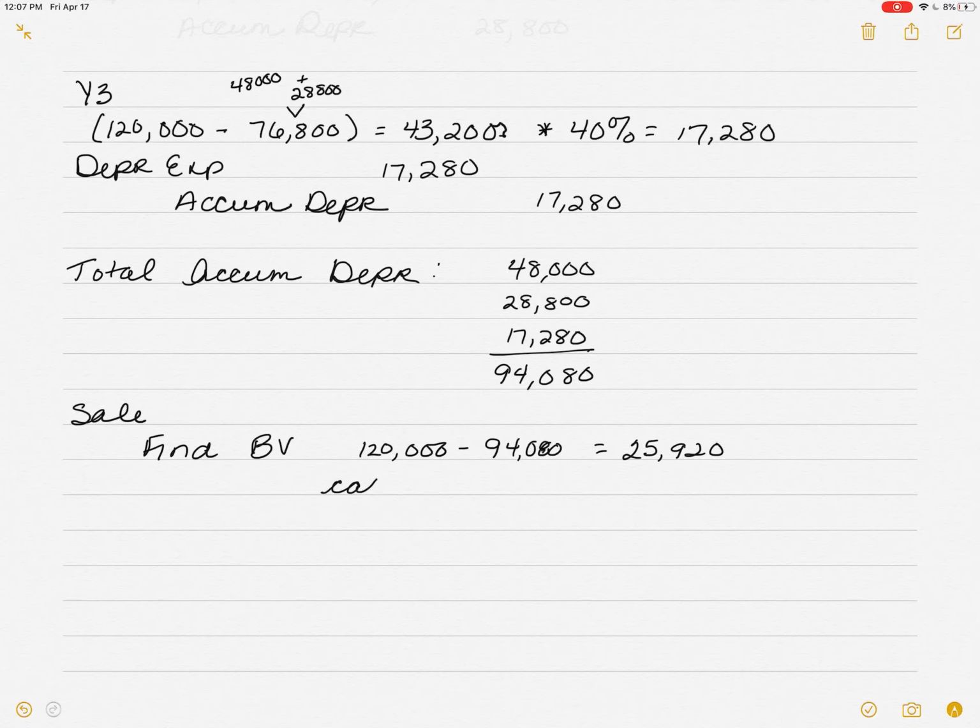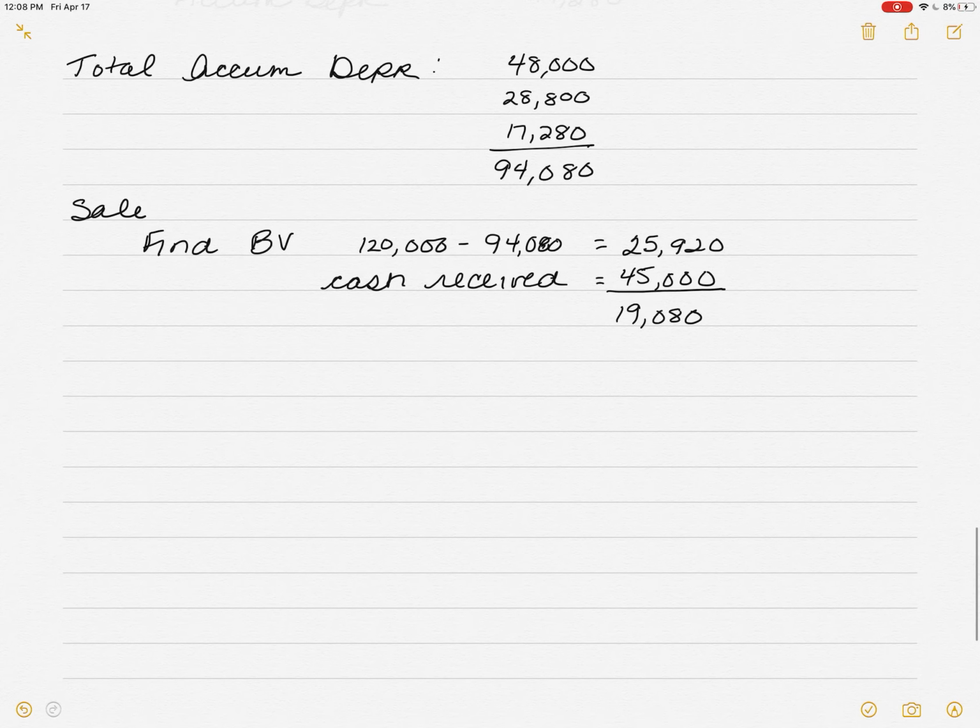I'm going to compare that to my cash received, which was 45,000, and the difference is 19,080. The cash I received is greater than the book value, so that will be a gain on sale.